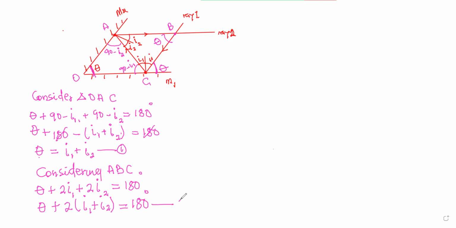This is equation 2. Now from equation 1, we came to the conclusion that theta is equal to I1 plus I2. So substitute that into equation 2. Therefore, wherever we see I1 plus I2, we'll substitute theta.